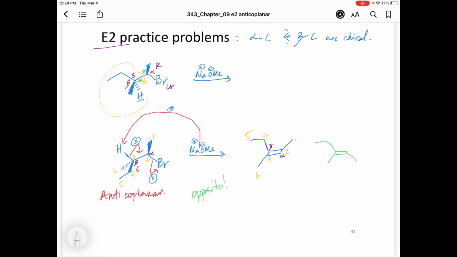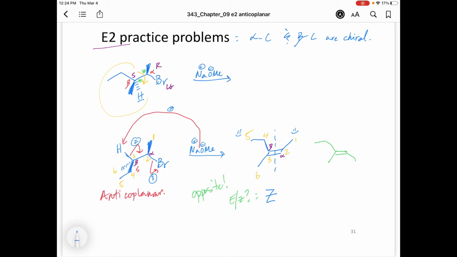Let's ask ourselves, is this E or Z? So the blue one here, let's look at this. Dotted line down the middle. When we look at the right side, the methyl wins, okay? So this side, the top side wins. And when we look at the left side, the ethyl wins. So this would be a Z alkene.